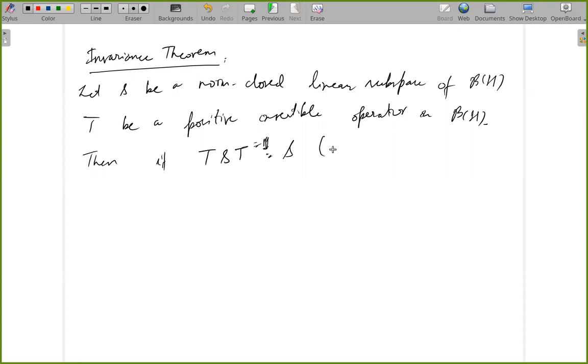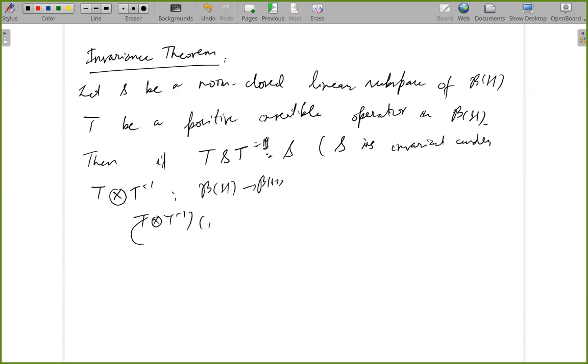S is invariant under what I'll write as T tensor T inverse. So think of this as a map from B(H) to B(H), meaning whenever you take an element A, the way this will act on A is that it will send it to TAT inverse.